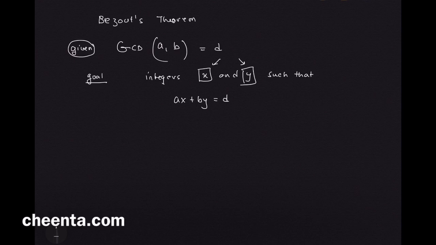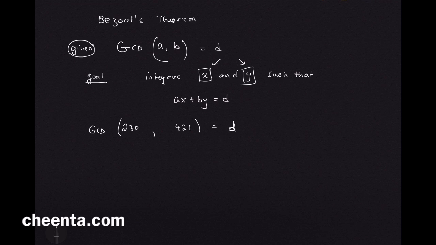Now I'll give you a sample problem on this. Suppose we have 230 and 421. Step 1 would be to find their GCD. Put it in the comment, or if you are in the Chinta portal, then put it in the quiz section.